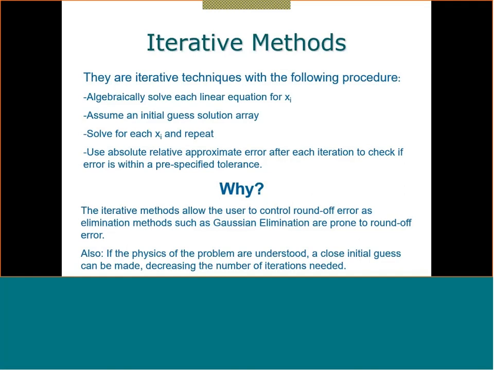Also, if you understand the physics of the problem, and you know that your values have to be around some number because of your understanding of the problem, then you can start your initial guess with something close to these numbers, and then you will be able to solve this.